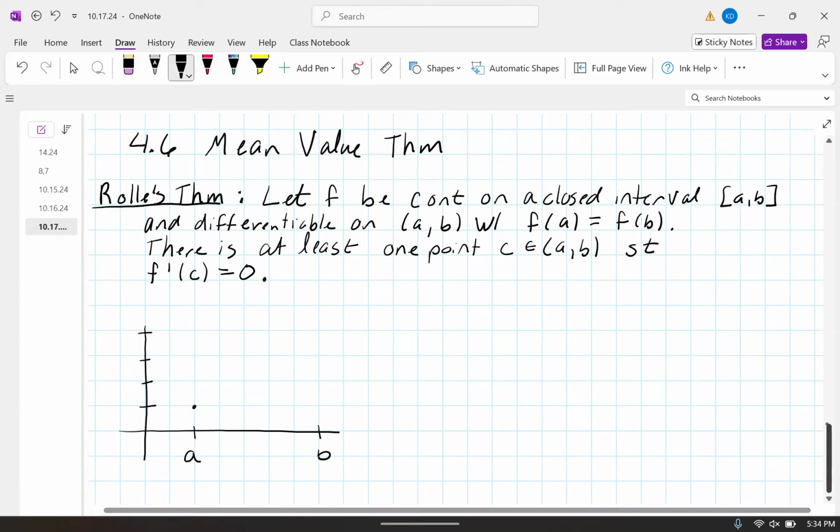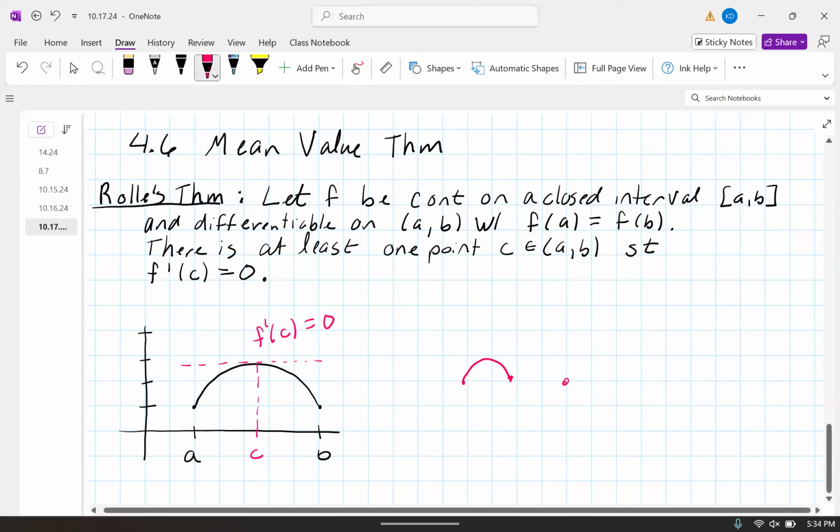let's do the simpler version. We have at least one place along this function where its derivative is 0. So it either flattens out, it changes directions, it does something, because it always comes back to itself.